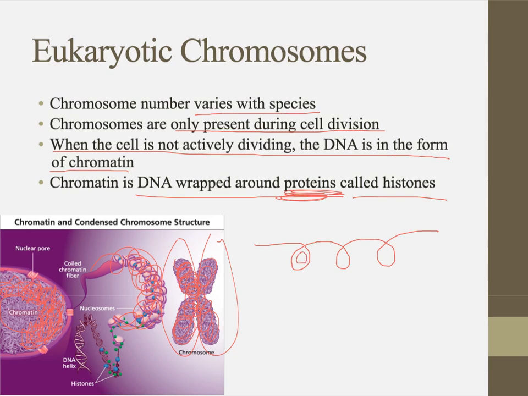And in the middle of these loops are histone proteins. So I'm going to label that histone proteins. And this stringy stuff here is DNA. Again, that's what's going on here. DNA is looped around these histone proteins. If it's coiled enough and organized enough, we're going to get this chromosome form.